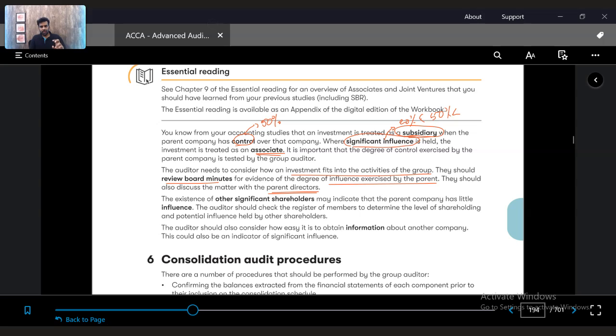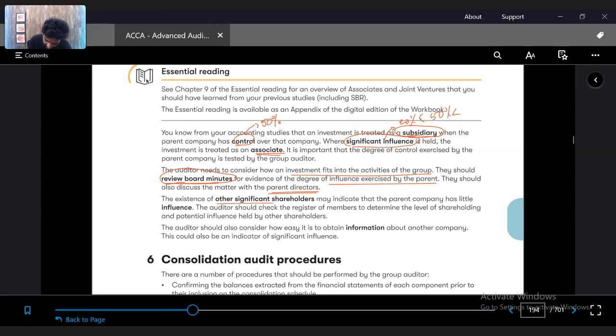To give an example, even though you don't have ownership of more than 50%, sometimes the parent will have control because they are the ones working day-to-day for the company, or taking decisions day-to-day for the company. You can check whether such a situation exists by reviewing the board minutes, which will tell you whether the decisions for the subsidiary are taken by the parent, and whether they have significant influence.